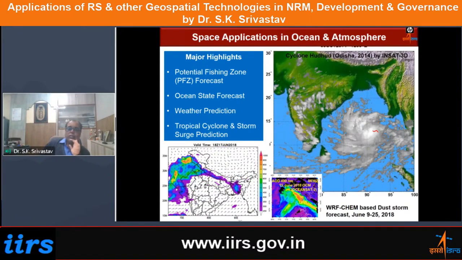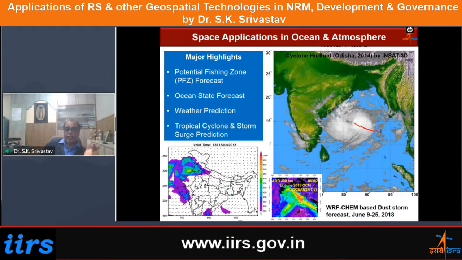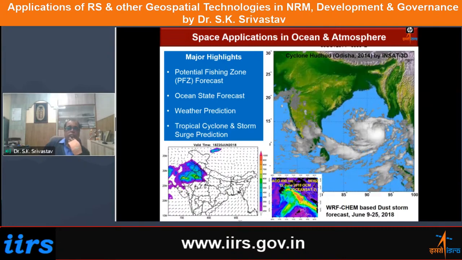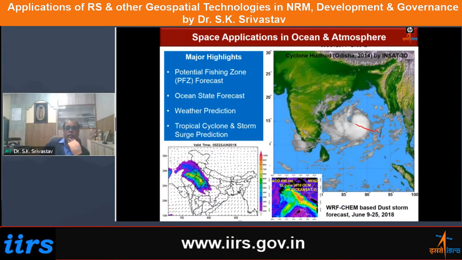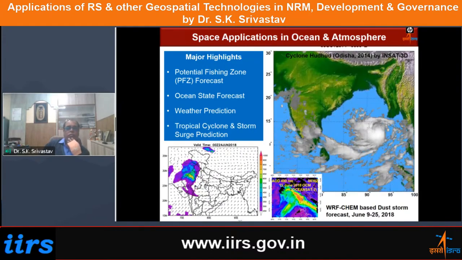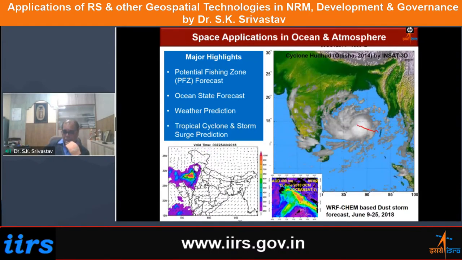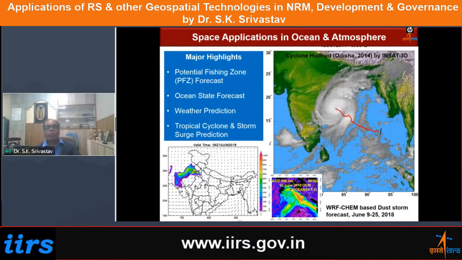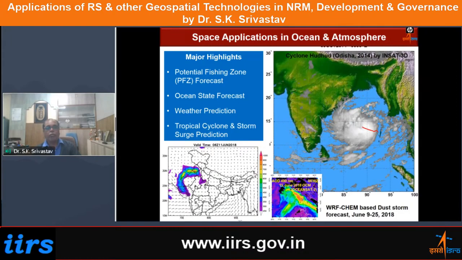Ocean state forecast, basically how rough the ocean is, is also provided by processing satellite images, which is very useful, particularly for navigational purposes. Right? So this is another very important sector where satellite remote sensing is playing a big role.